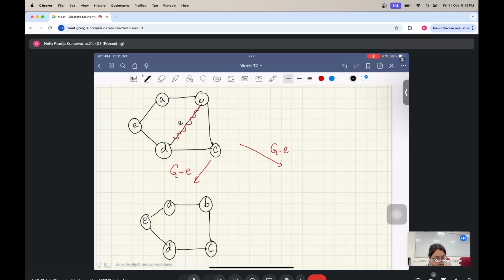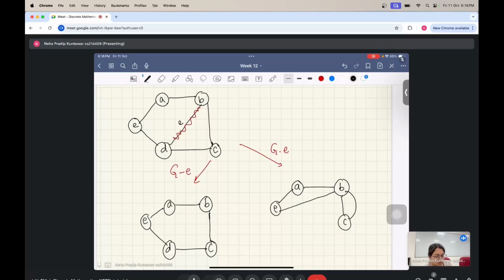and if you look at G dot E, that is E, A, B, C, and this becomes a multi-edge, and E to D is an edge.